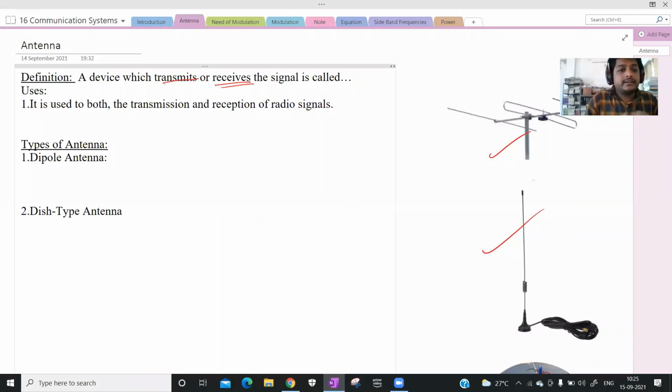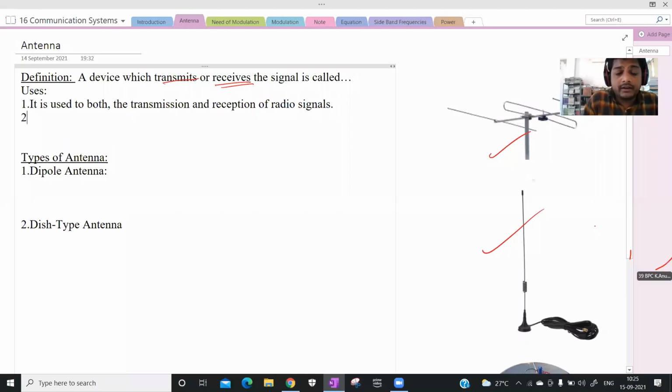So by using this, an antenna can be used for both transmitting and receiving information. It is generally made up of a wire or a collection of wires.